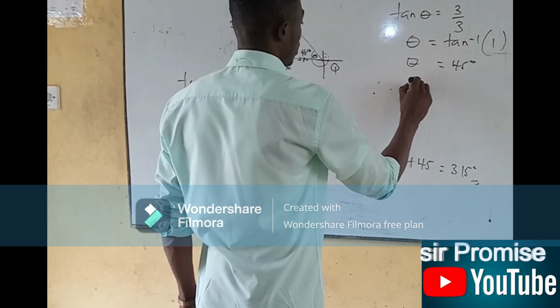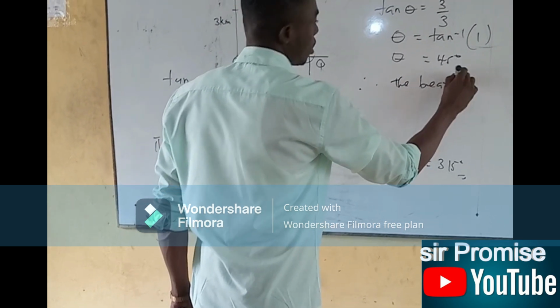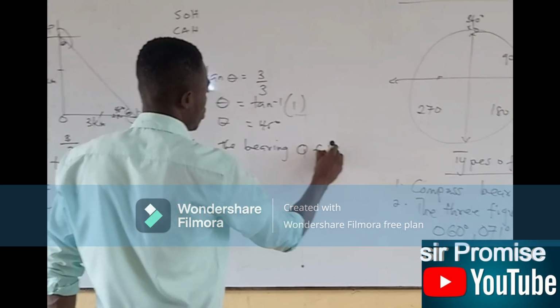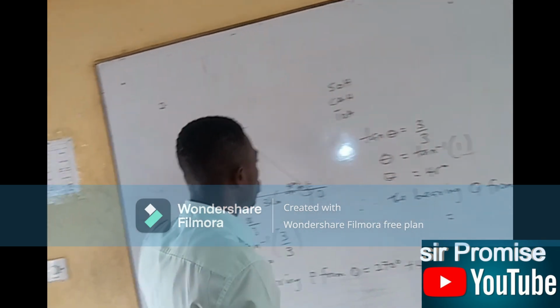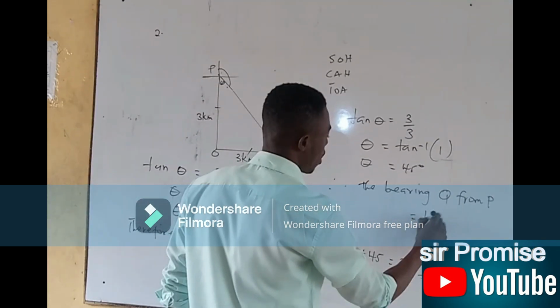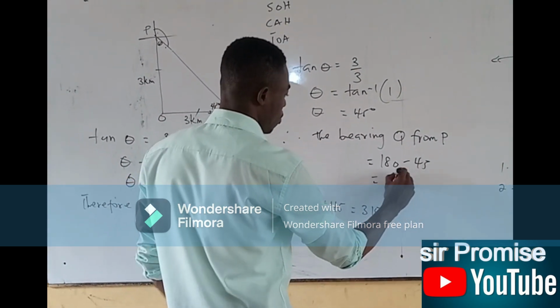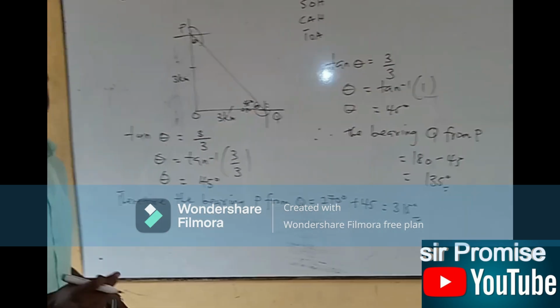Therefore, the bearing of Q from P will be equal to the 180 minus the 45, which is 135. So this is going to be the answer.